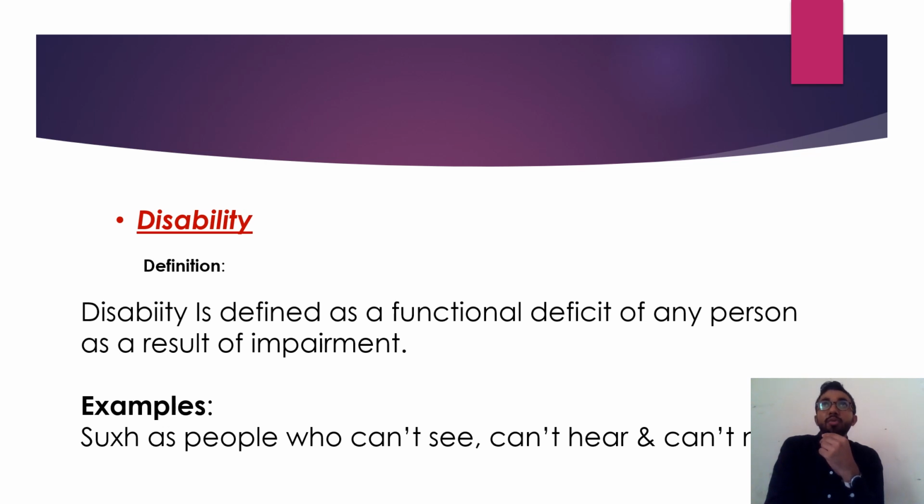For example, if you are visually impaired and you can't see, this is called your disability of the eyes. And if you have hearing loss, so you can't hear, this is called disability. This is not called impairment.